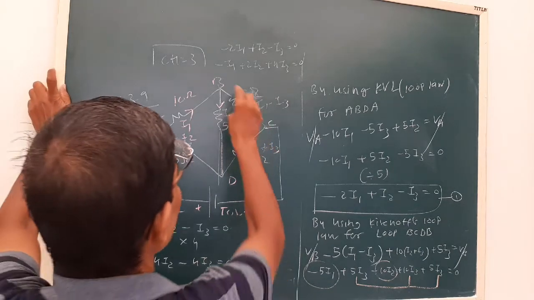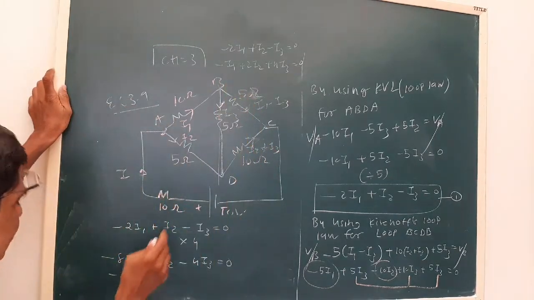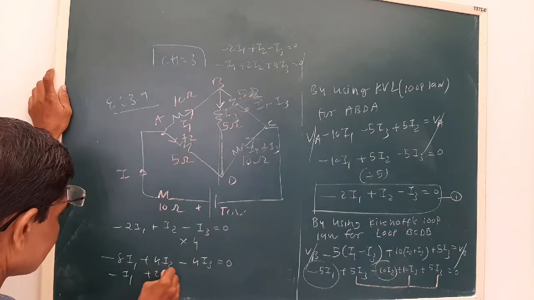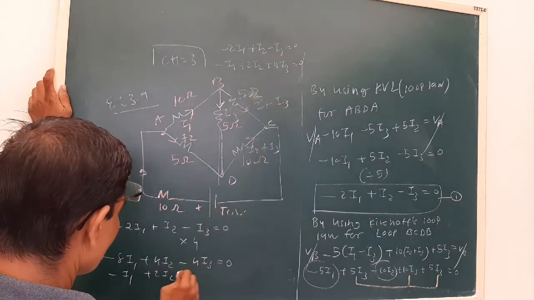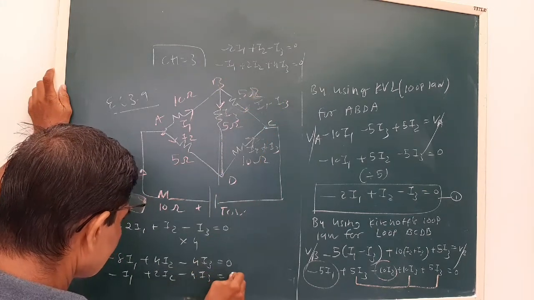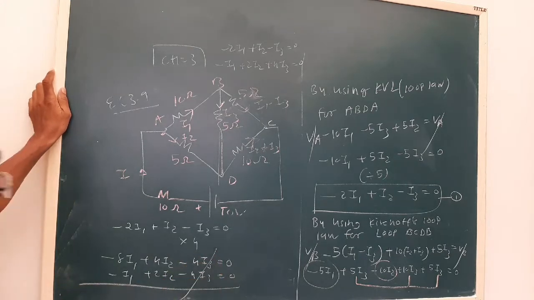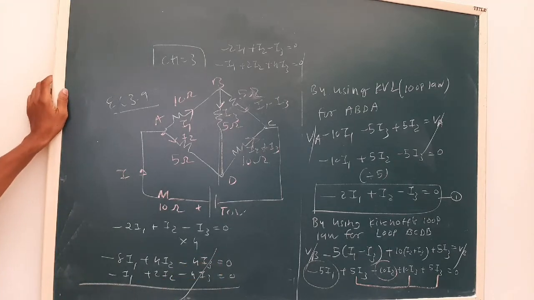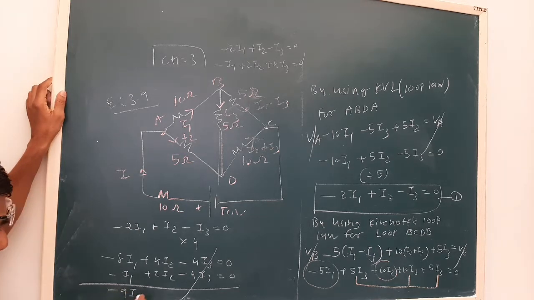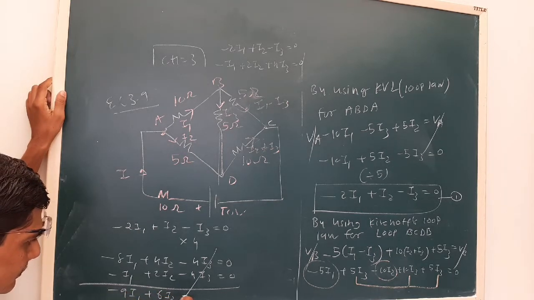See the second equation: minus I1 plus 2I2 minus 4I3. Now we take the help of elimination. That is minus 9I1 plus 6I2 is 0.